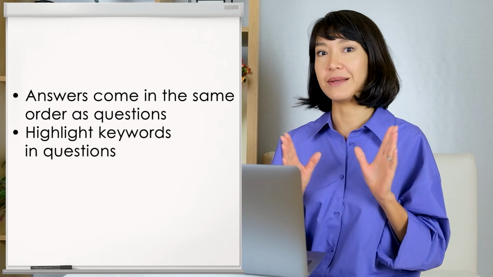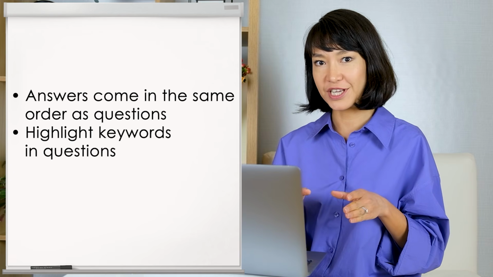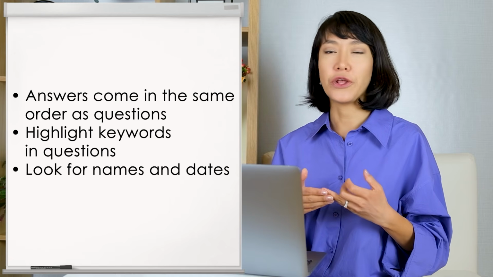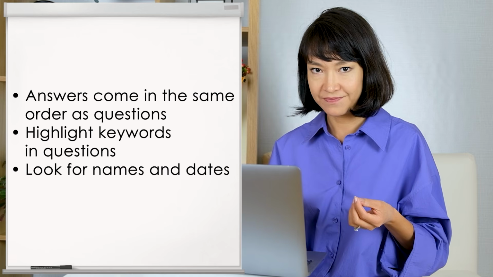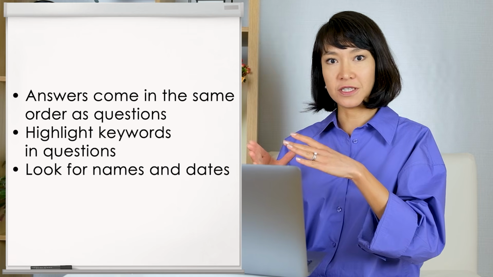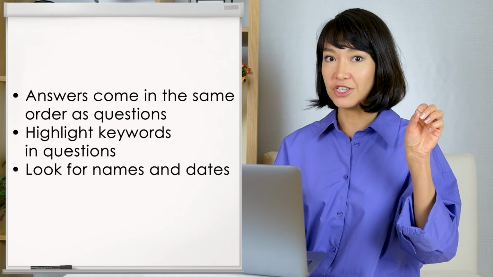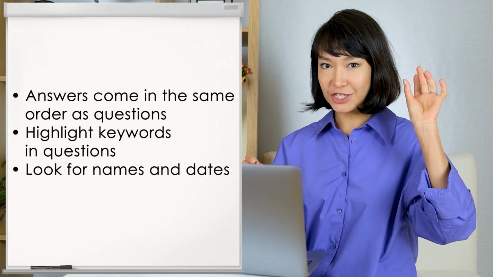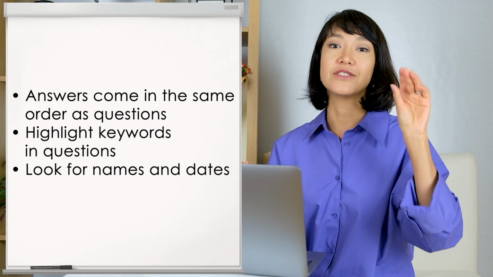There are two types of keywords in IELTS reading. The first is names, surnames, locations, dates. Those keywords will be repeated in the passage. And if you see the date in the question and you see the date in the passage, that's where the answer is going to be.